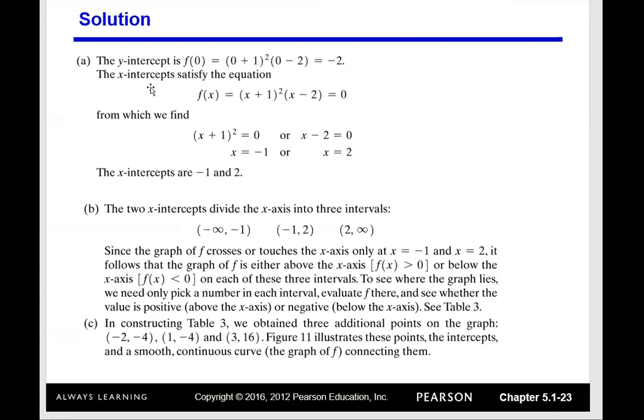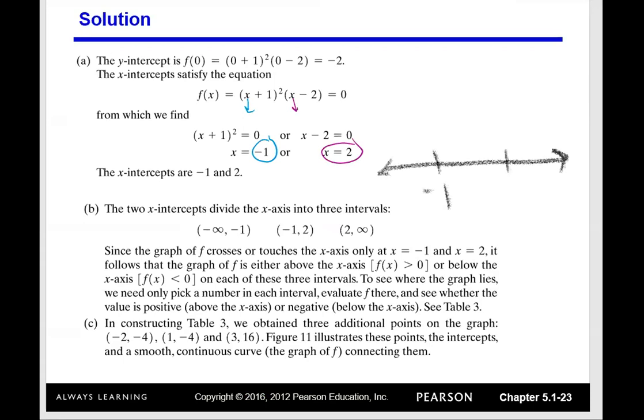The x-intercepts is when y is 0. So they set this thing equal to 0. And then, of course, this x right here, that would be -1. And this x right here, that would be a 2. So your x-intercepts are -1 and 2. And then it says the two intercepts divide the x-axis into 3 intervals. So here's the x-axis.